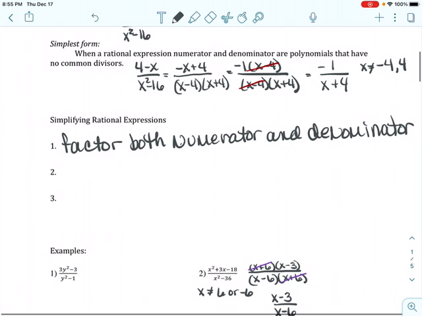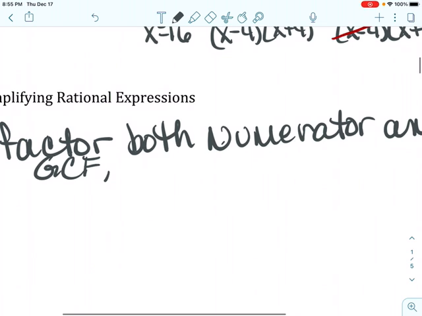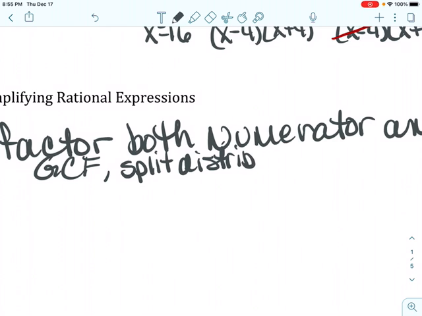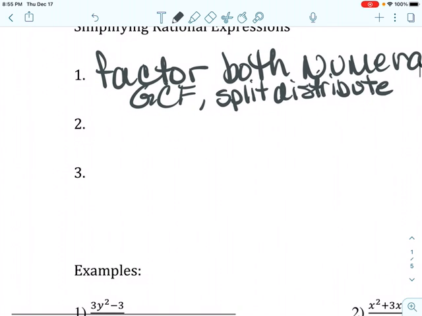Okay, so remember that means that you're going to do GCF, then factor like your normal factoring for trinomials. I don't remember what we call that. Split, distribute, box. Let's just call it split distribute. Reverse, whatever you want to call it. Okay? All right, but GCF always should come first. It's going to make your life so much easier, as we found before.